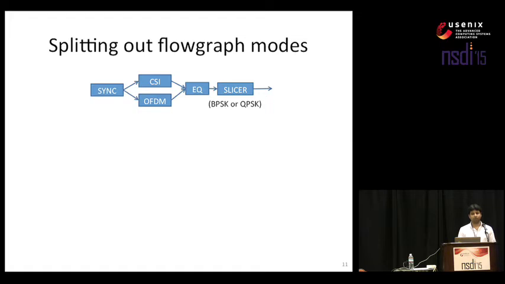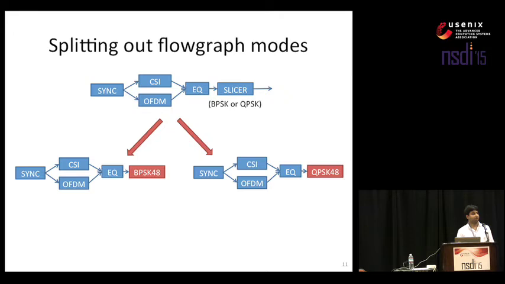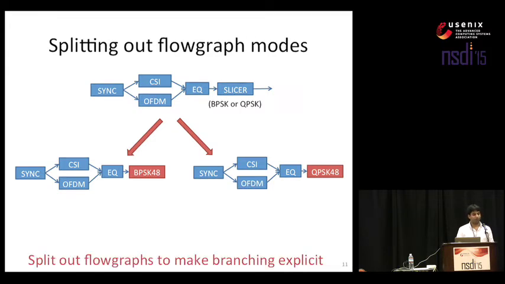So you must split it out into its specific modes, which will give rise to multiple application level flow graphs. The principle is the same here: to make branches explicit and to split them out. Once you have split out your application level flow graph into multiple flow graphs, you can pick any one of those and start to implement it as an atom.